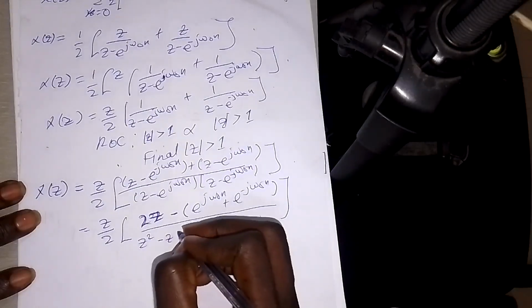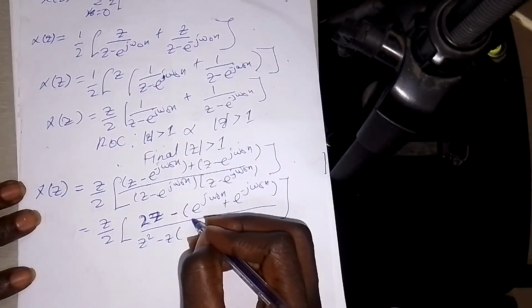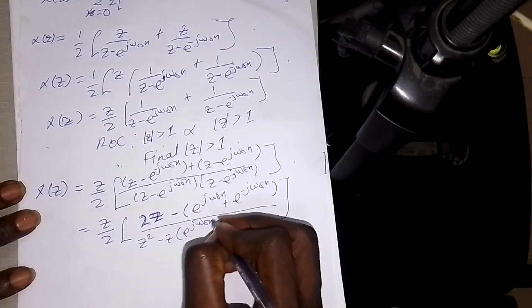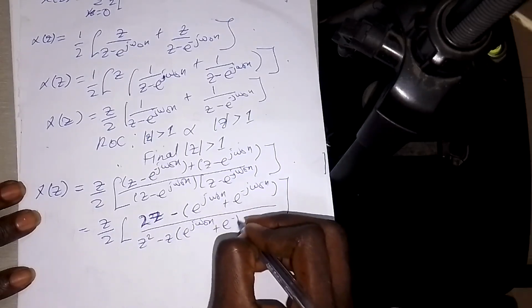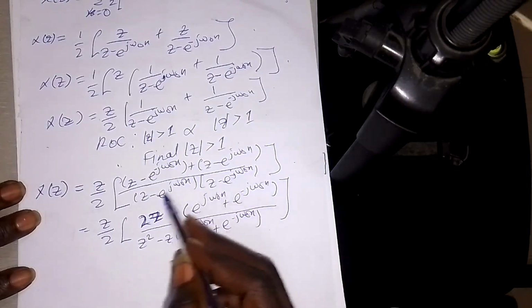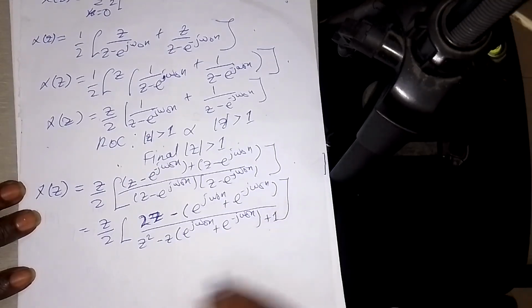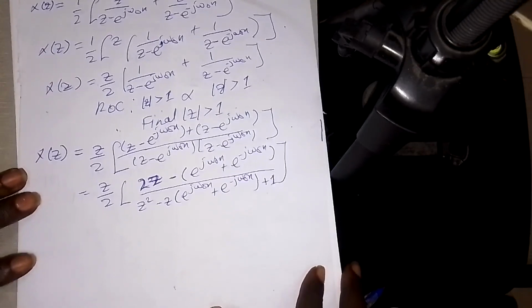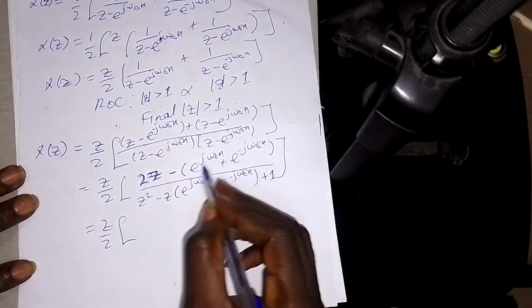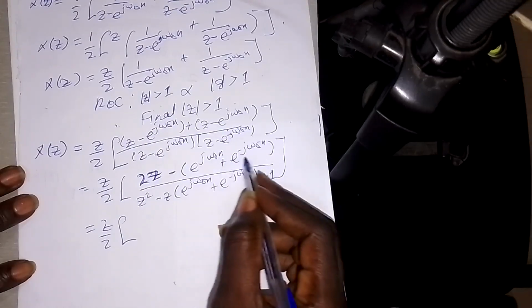Minus z out: if I bring z out, I'm going to have e^(j omega naught n) plus e^(minus j omega naught n). Then this into this will give me 1, and minus minus will be plus 1. Now, z over 2 into, basically this one is supposed to give me a cos.